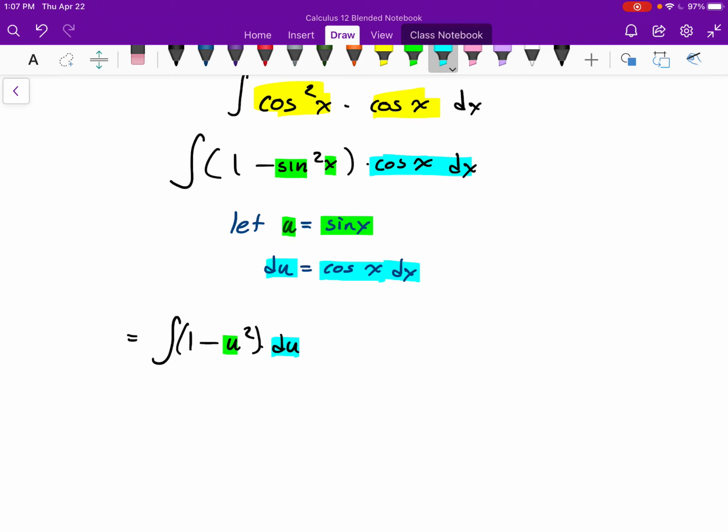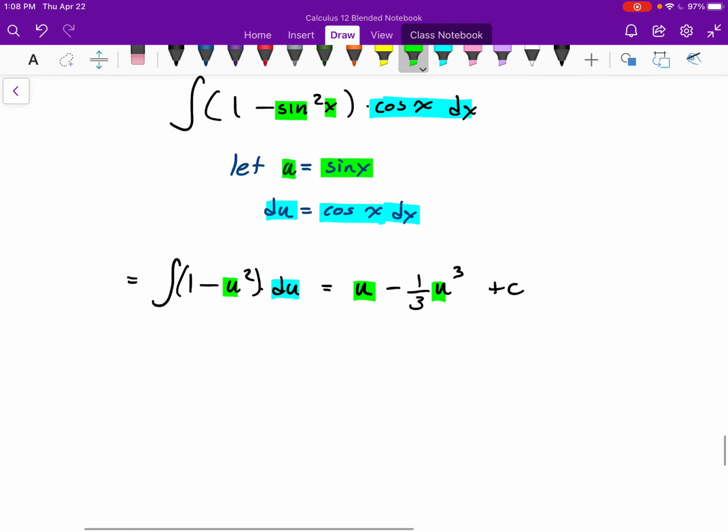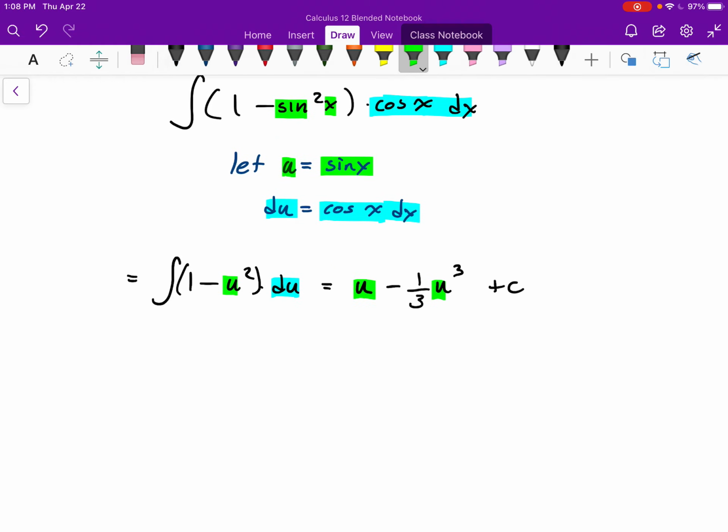Well, I can integrate that. The antiderivative of 1 is u in this case, because I'm integrating with respect to u, minus the antiderivative of u squared, which is 1/3 u cubed, plus some constant. And keep in mind, all those u's are actually sine x. And so now I can start to evaluate this definite integral.